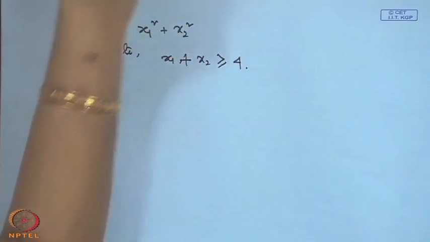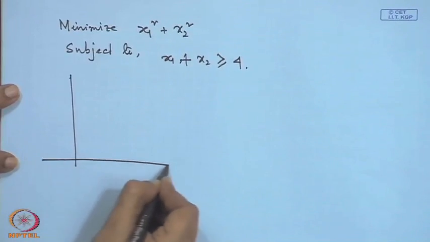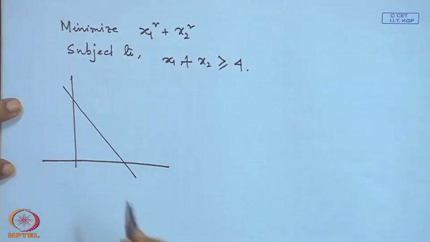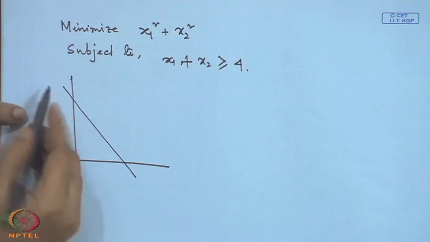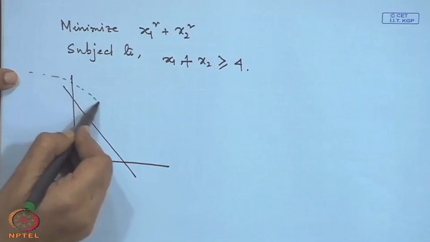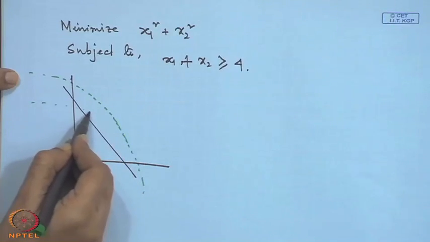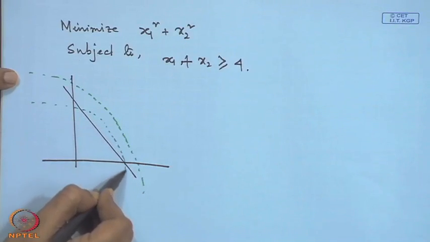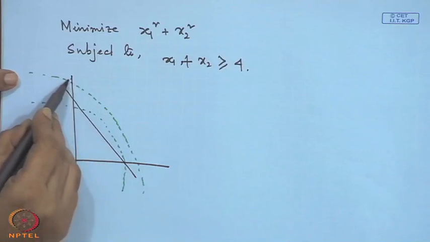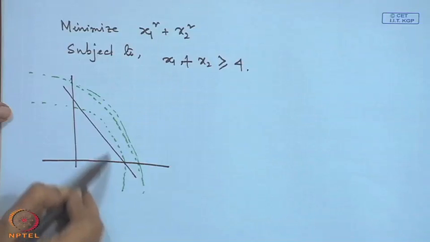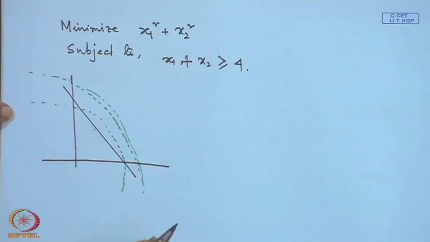If we draw this, we can see that this is the circular region and this is the line, and this is the circle. And if I move further, this is a circular region, do not mistake it. Then the optimal will come here. Here is the optimal solution.